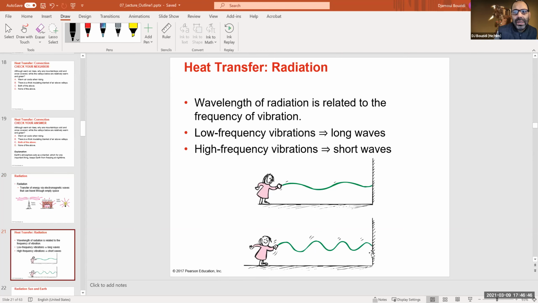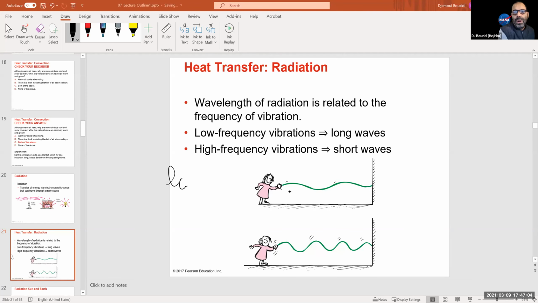So you create a pattern here. This is a wave on a string, just to explain what the idea is. Low frequency, high frequency, high energy, low energy, okay? So it's worth remembering this in the discussion in here.